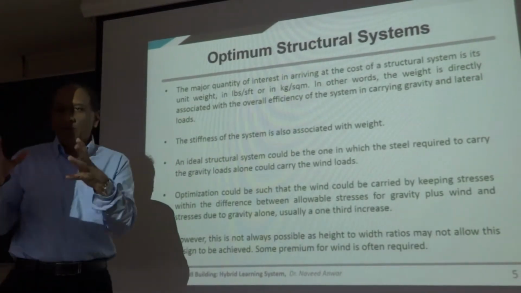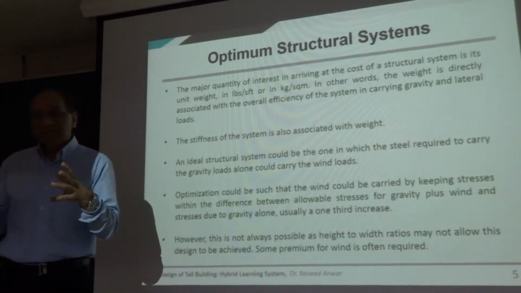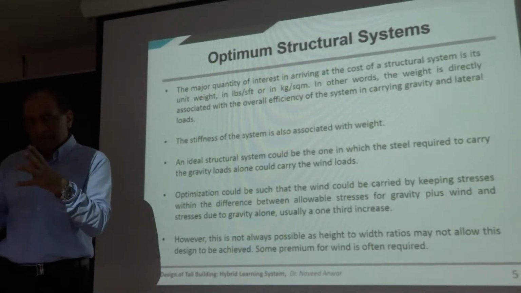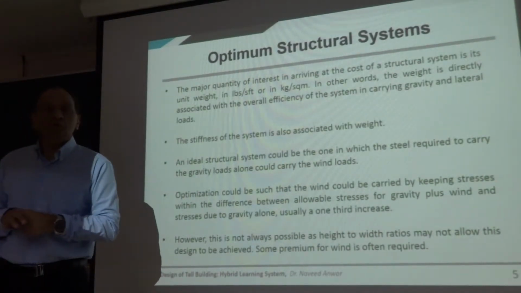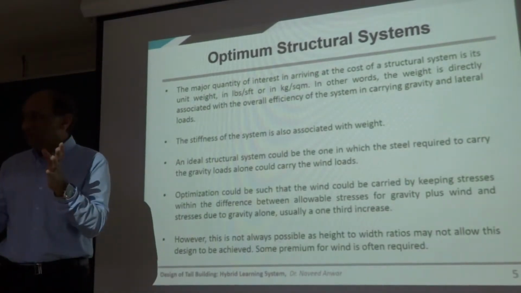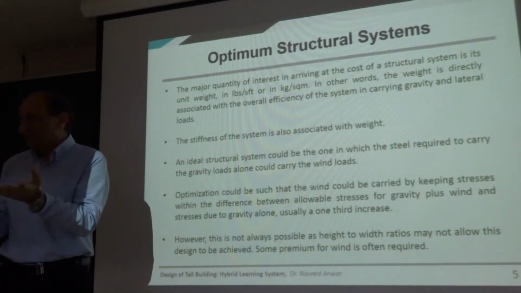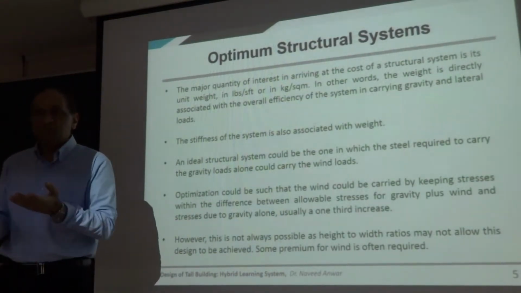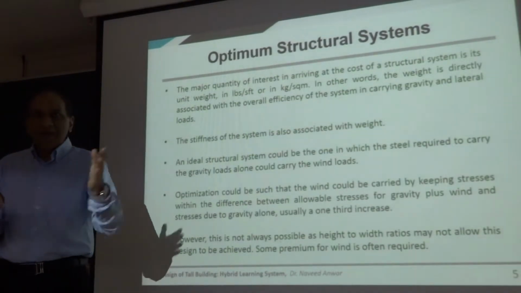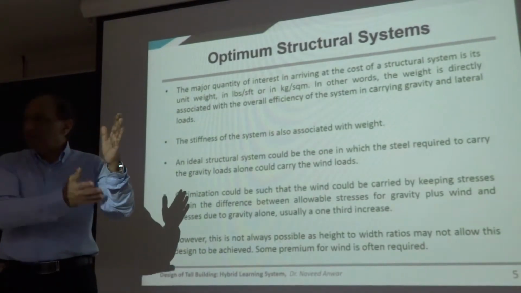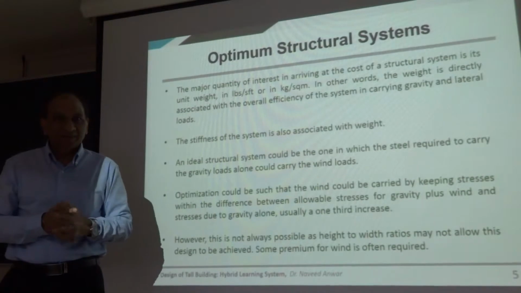So first of all, you calculate a building's parameters as if there is no horizontal load, right? Just design for gravity load and you get the numbers, everything: cost per square meter, concrete per square meter, steel per square meter. And then you add lateral loads and you see what is the premium that you have to pay.